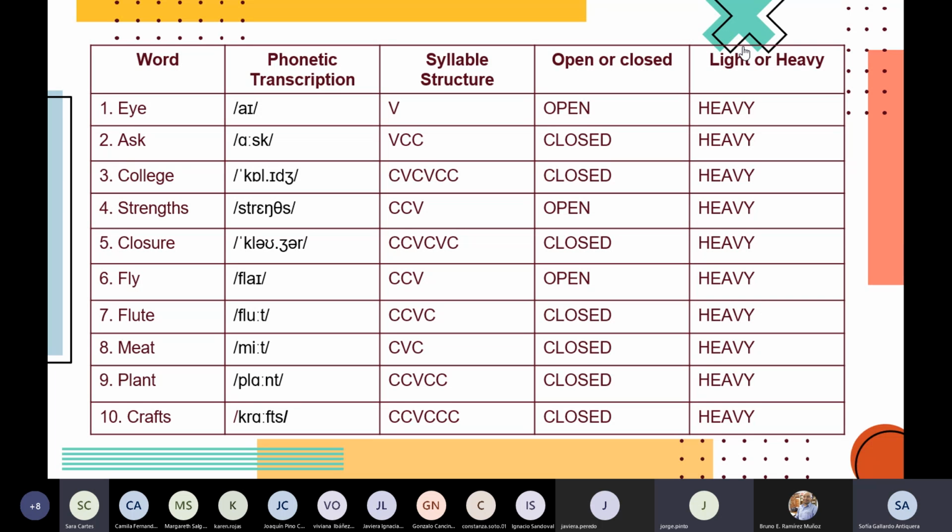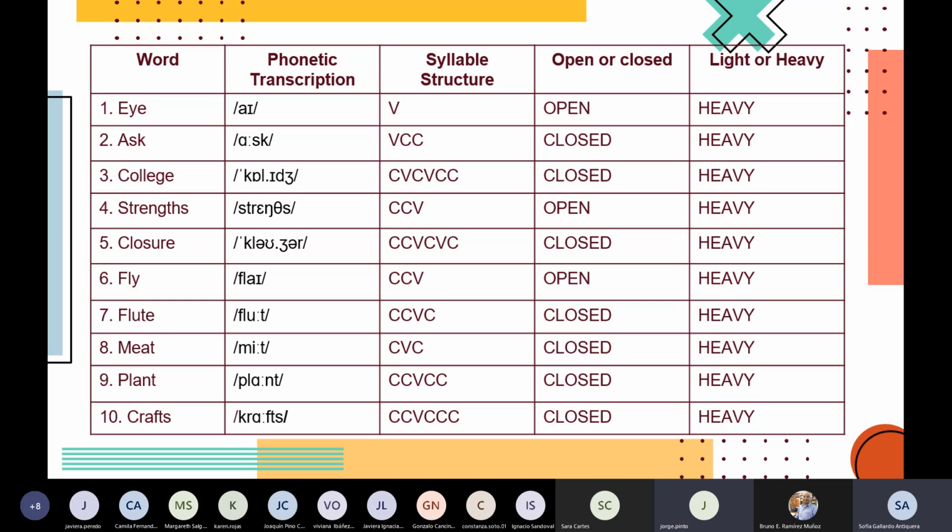For example, in word number 5, the second syllable, is it closed and heavy, or closed and light? Word number 5 and the second syllable. Sorry, I was silenced.